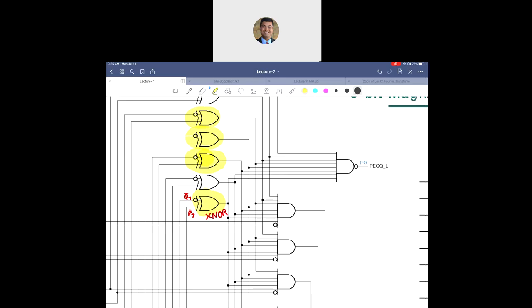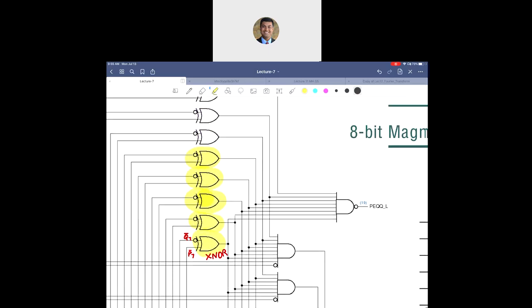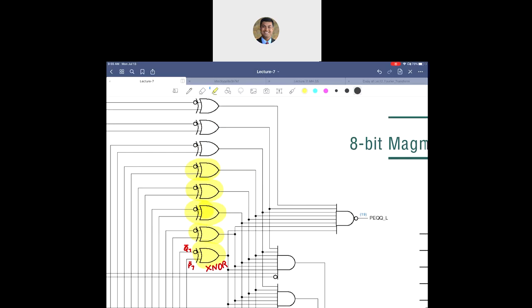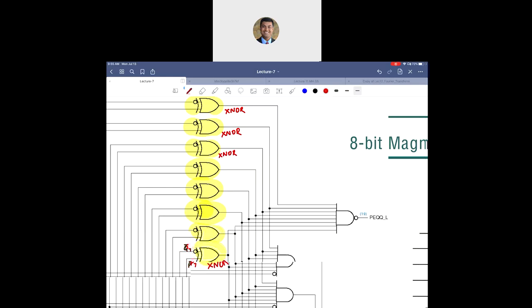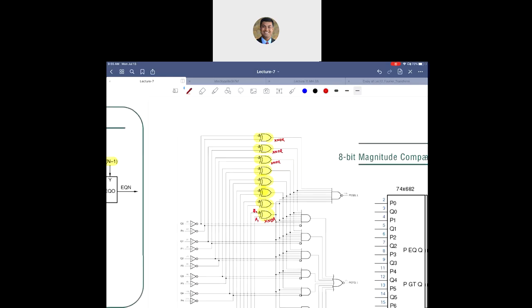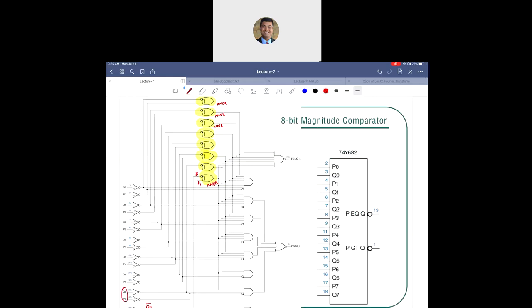So each one of them is an exclusive NOR gate that are used to compare P7, Q7, P6, Q6, P5, Q5, and so on up to P0, Q0.